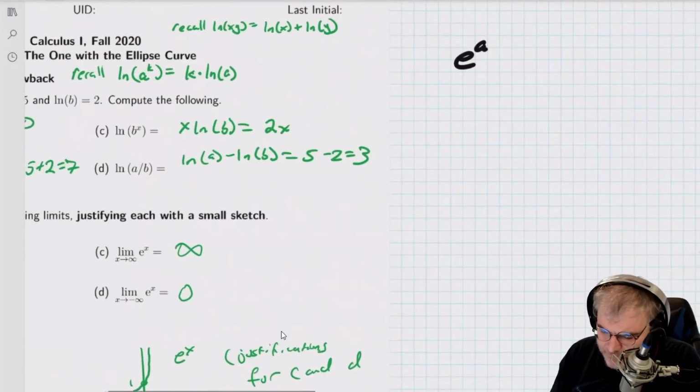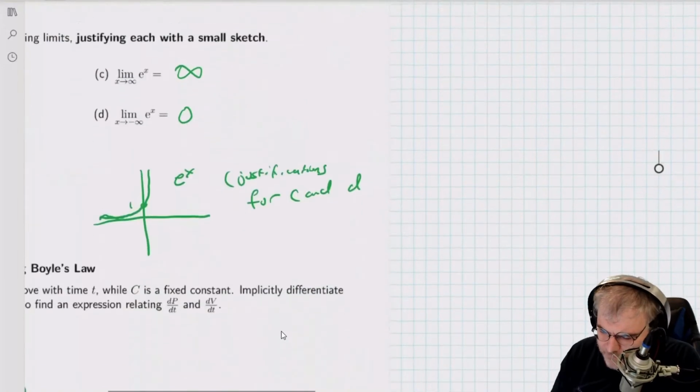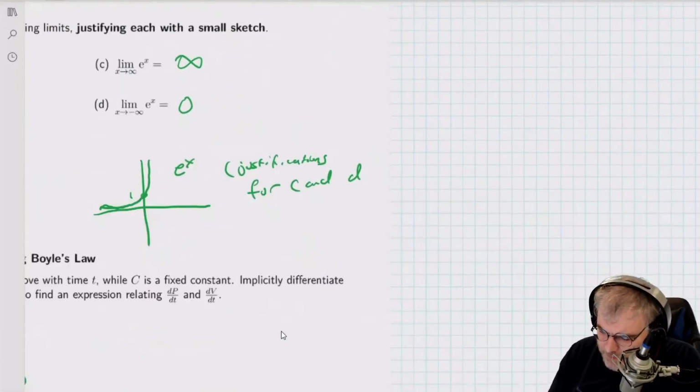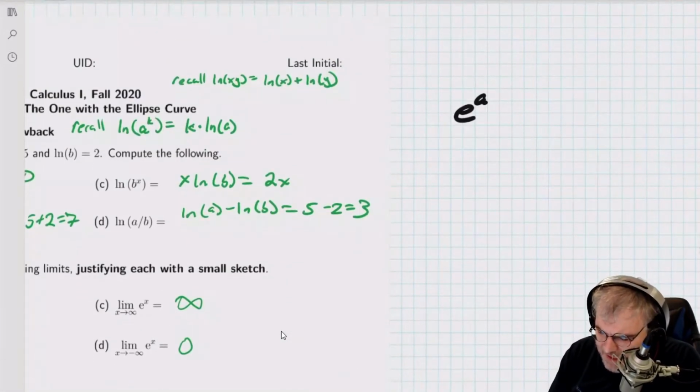If I take e to the a times e to the b, remember that equals e to the a plus b.